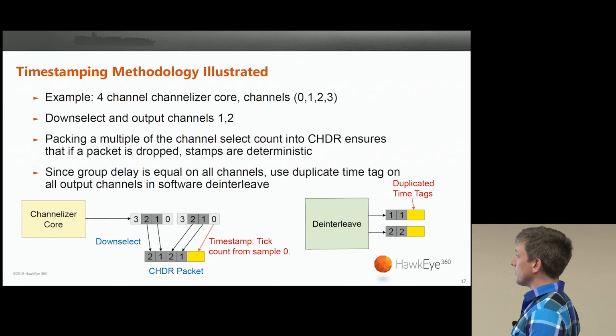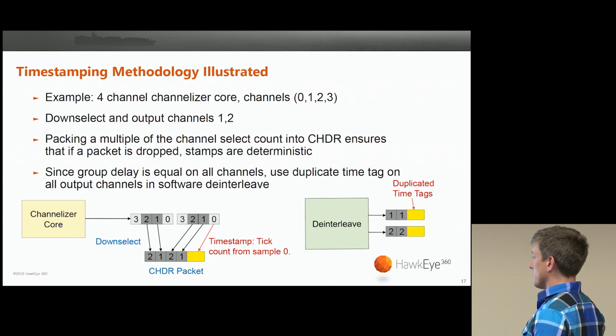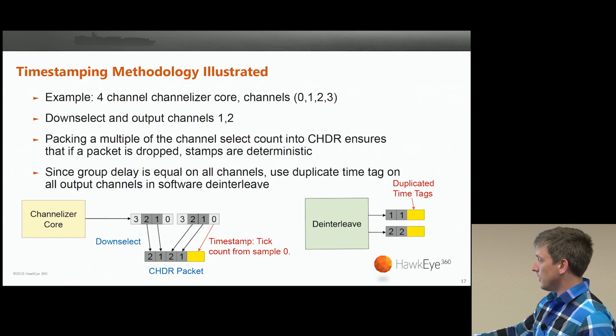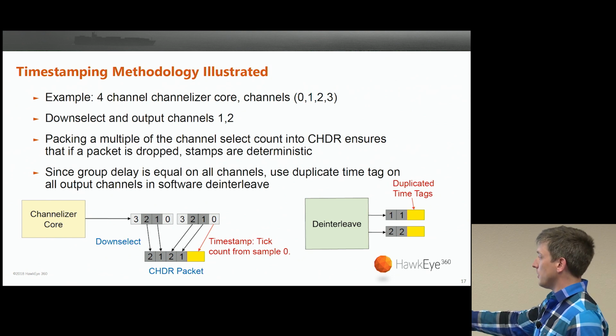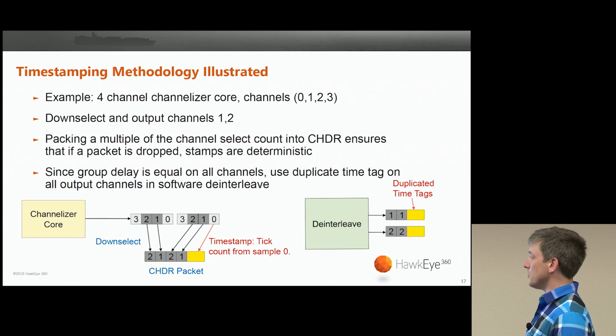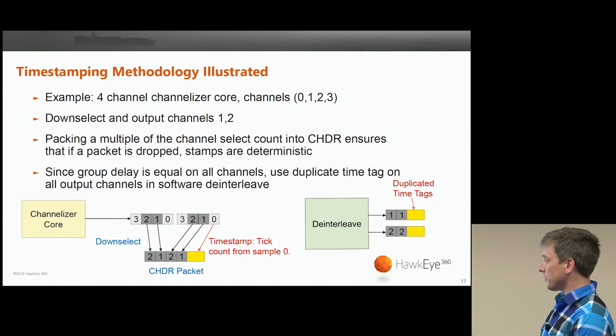You have to do things a little bit more carefully. Talking to the graphic at the bottom of the screen, this shows a demonstration for 4 channels. Let's say the 0th channel comes out first, 0, 1, 2, 3, but we only want to return channels 1 and 2 out of those 4. Then we simply select the 1, 2 from the first output, and 1 and 2 from the second output, and that forms a new packet.